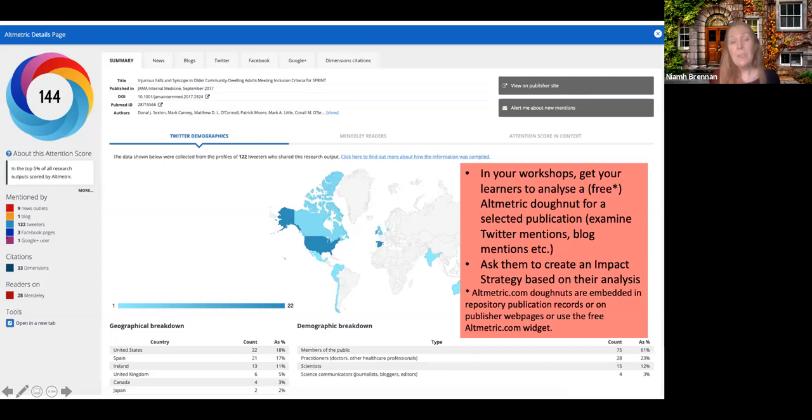Because Twitter is going to show you who in the world is tweeting about the particular work you're looking up, and you can break it down into looking at members of the public, at practitioners, at scientists and science communicators. So it's not just an indicator of the impact that a work has had, it's going to inform you about potential impact and how to grow it. So that's how altmetrics are very, very useful.